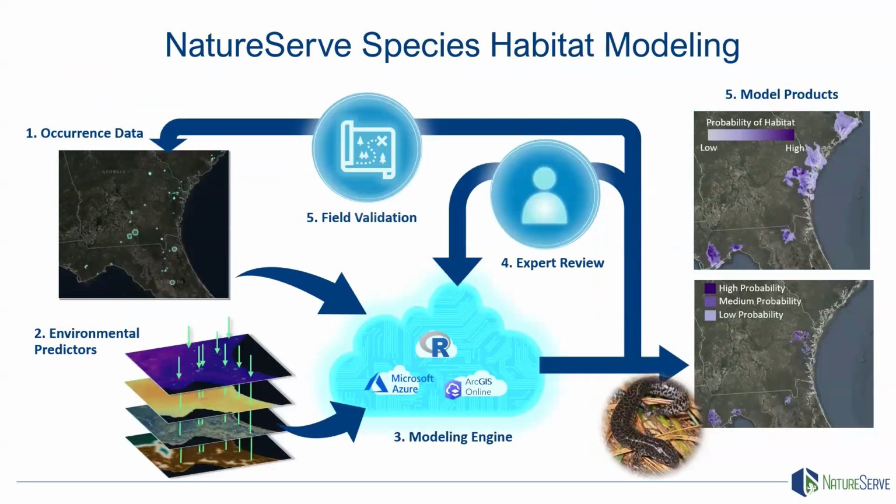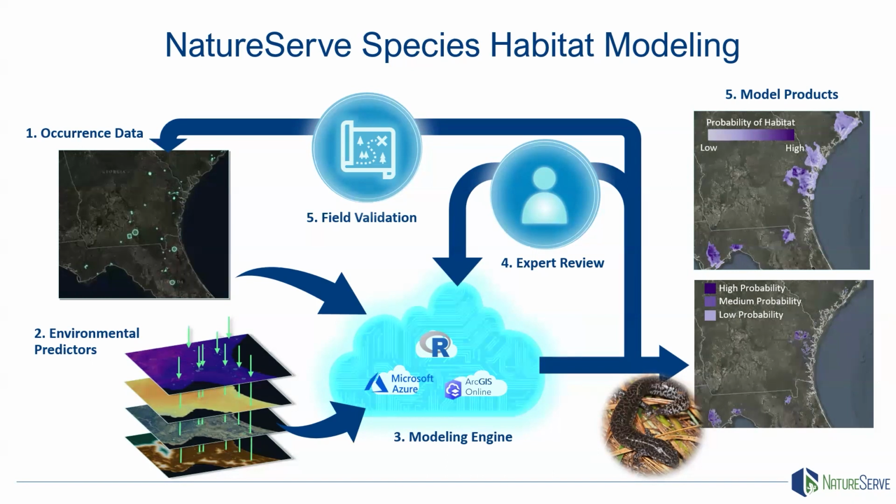Most NatureServe Network habitat model products are produced through an inductive modeling process. To train our habitat models, we start with NatureServe Network documented distribution data, sometimes supplemented with data from additional sources. Documented occurrence for species are intersected with environmental predictor layers, things characterizing the environmental factors to which species respond, like climate and soils and land cover and elevation.